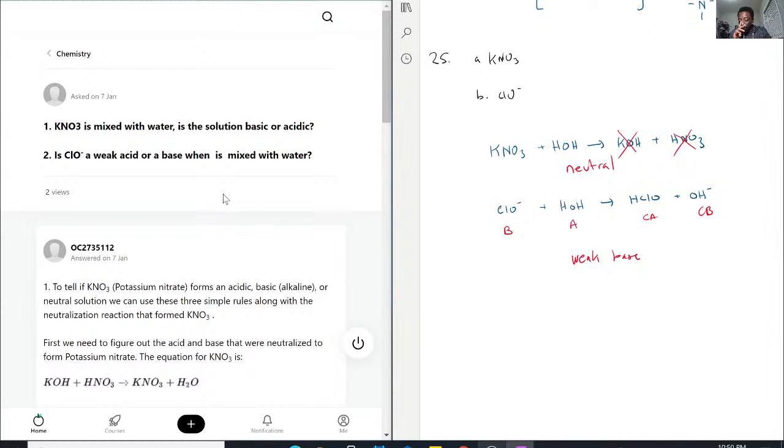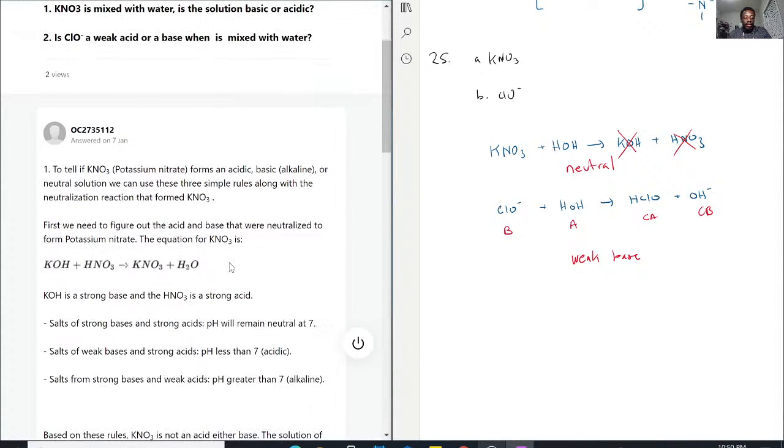I'm going to refer to my colleagues so they can actually elaborate more on the whole KNO3 situation, just to be able to pick out some keywords in case my explanation did not make sense. So, KOH, as they did it, they actually did the reverse formula to make it shown a little bit easier. KOH is a strong base, and HNO3 is a strong acid.